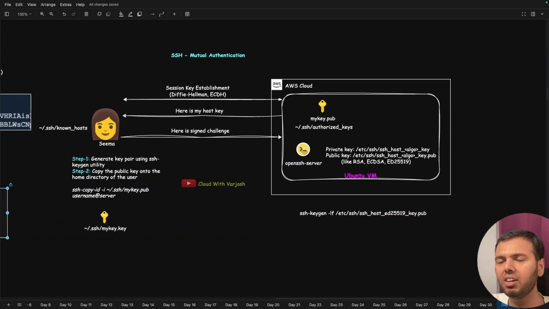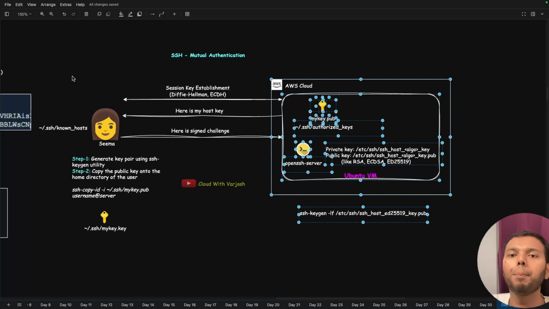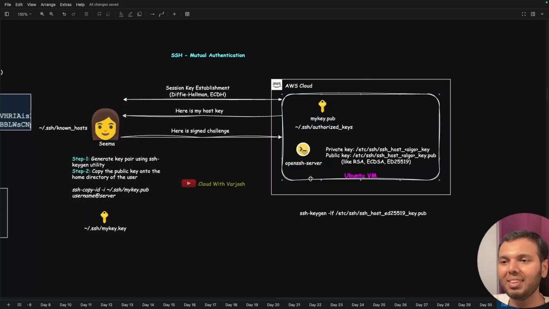So here we have learned how the server will prove its identity. But how will Seema prove her identity? What this server will do is send a random challenge to Seema, and Seema will have to sign that challenge with her private key.